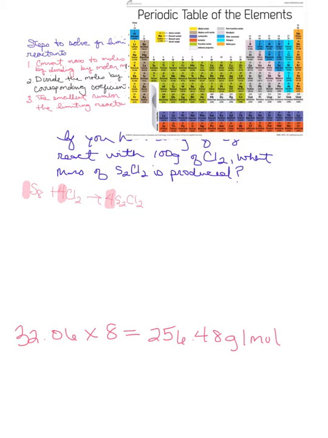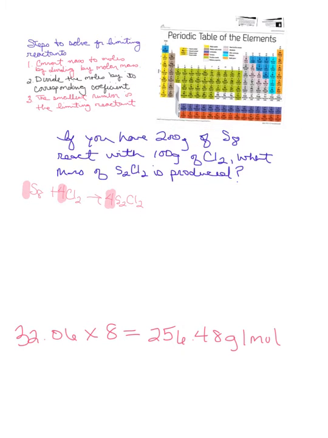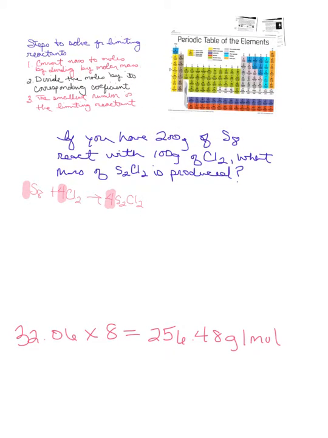Now I can convert the grams from my problem to figure out how many moles I actually have. I'm going to set up my problem, and I'm going to use the picket fence or the railroad tracks, whatever you call it.